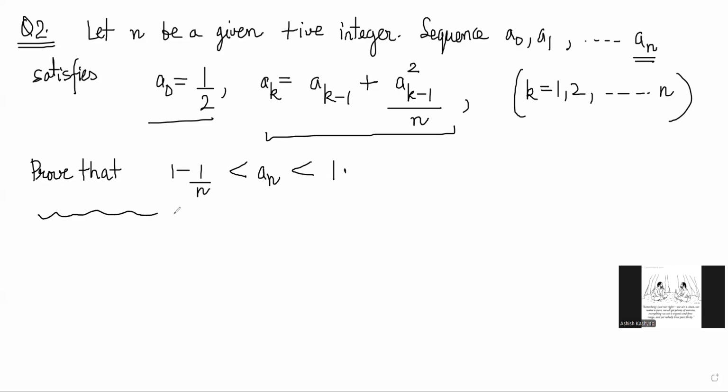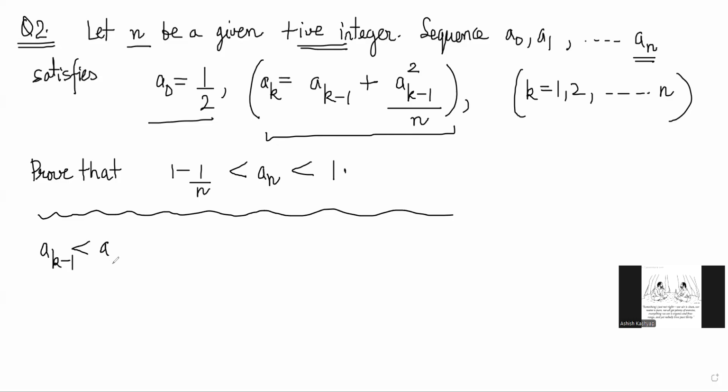Some basic information that you can figure out from this relation is that n was a positive integer, so the second term here, A(k−1) whole square by n, is always positive. That tells us that A(k−1) is less than Ak, right?